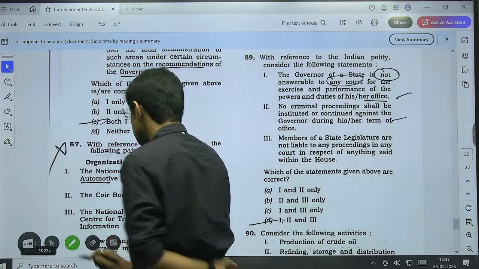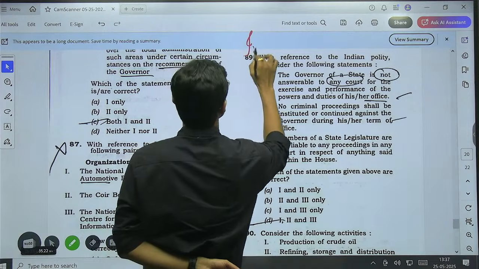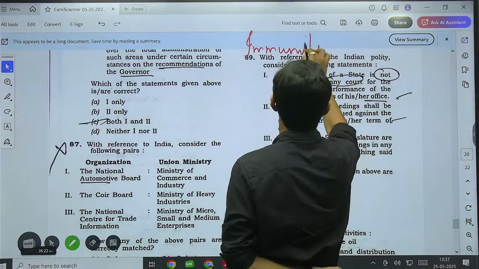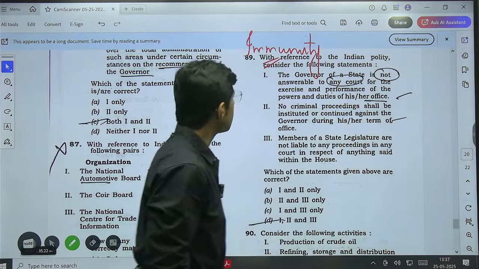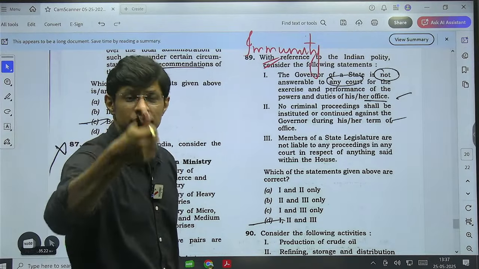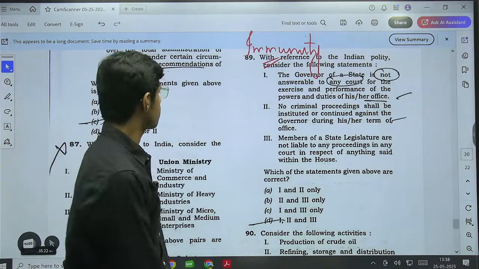Yes, this is absolutely correct. This is what we refer to as the immunity which is granted to the position of governor. So the governor is not answerable to any court, neither can a governor be arrested or sent behind the bars during his term in office.